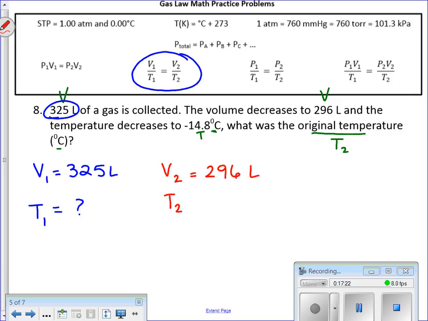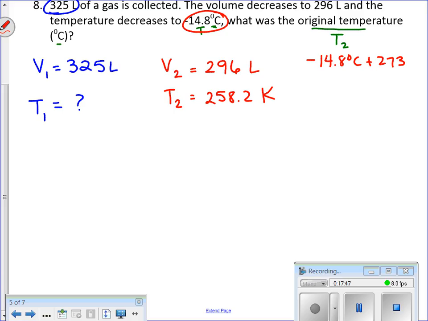And temperature 2, all right, so what we need to do is we need to take this temperature, negative 14.8 degrees Celsius, and we need to add 273 to that. Okay? So negative 14.8 plus 273 is going to give you 258.2 Kelvin. Alright, so now I'm ready to write my equation.